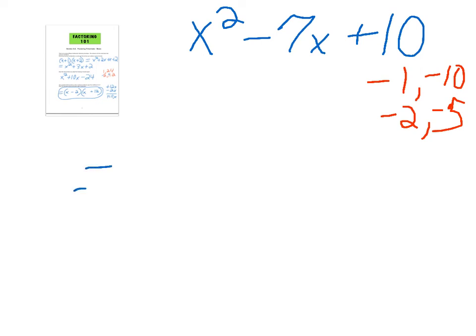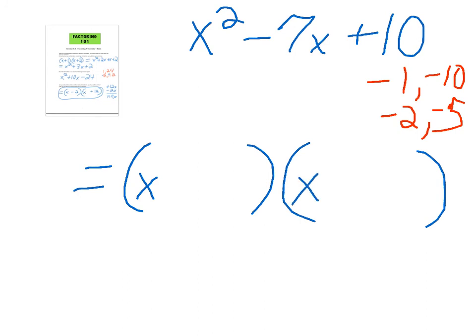We will take that apart then, and set up our two binomial factors. X, of course, is first in both of them again because I need that x squared term when I multiply the first terms together. And then the last terms have to multiply to give me a positive 10. So we'll put in a negative 2 and a negative 5. Together those two will give me a positive 10 when I multiply them.